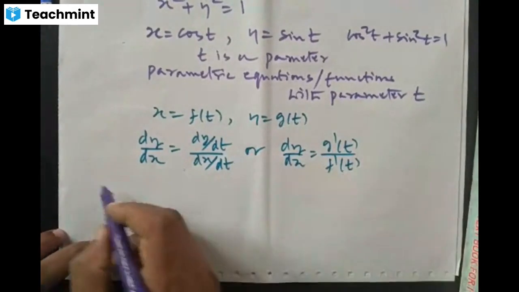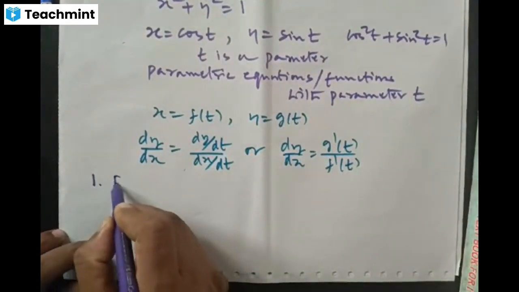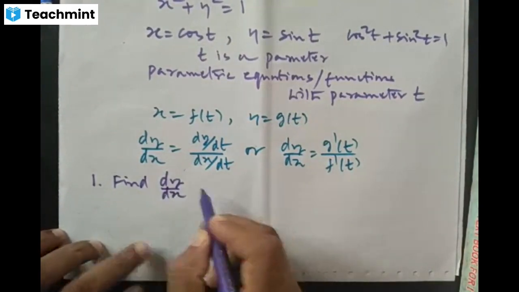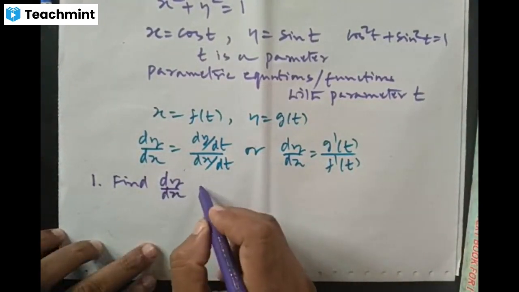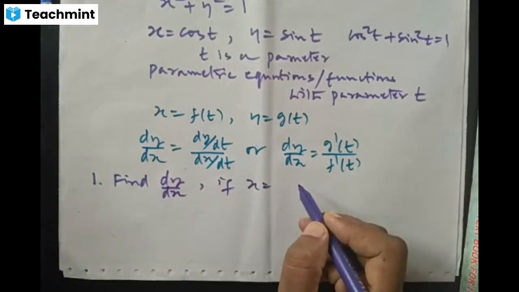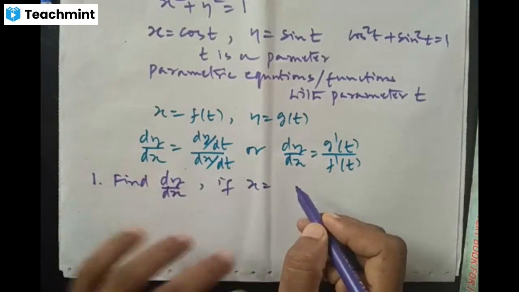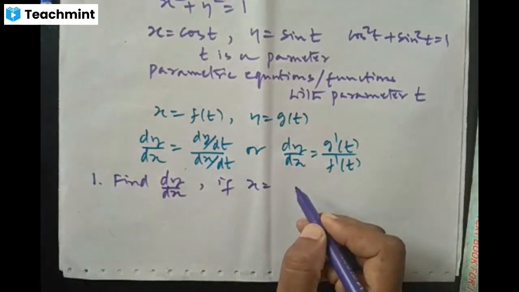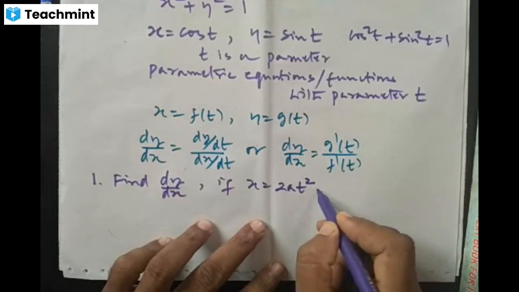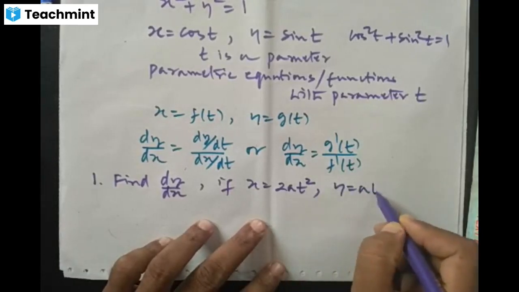Problem number 1, find dy by dx if x is 2 a t square, y is equal to a t power 4.